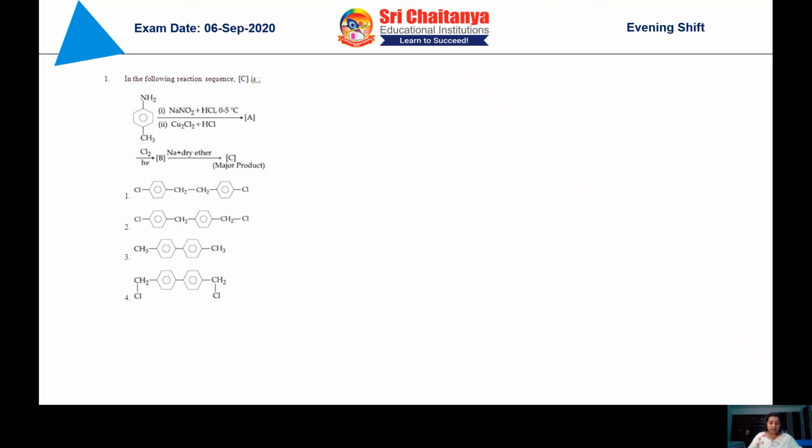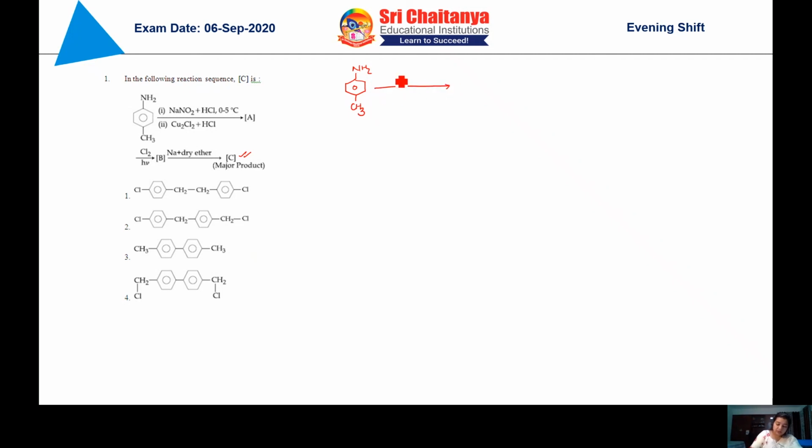In the following reaction sequence, what is C? Let us see. To start with, we are given paratoluidine.